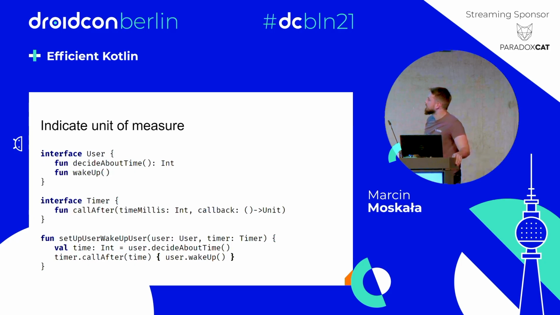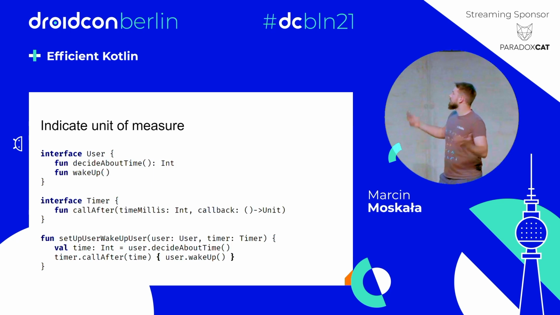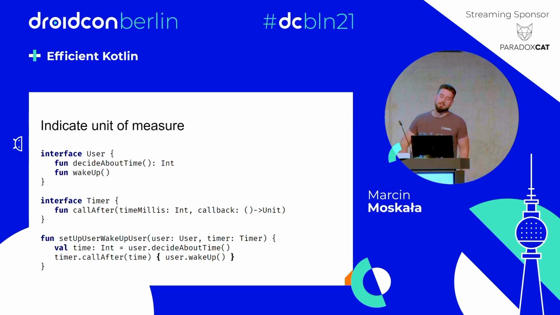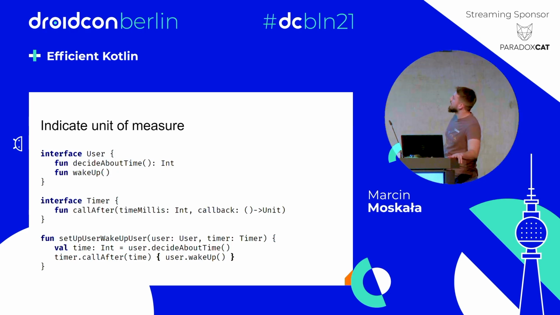This is fed into this timer, and it's hard to even tell what the unit of measure of decideAboutTime is. Let's say that decideAboutTime returns seconds, and again, it will be woken up way too early. So how can we improve that?